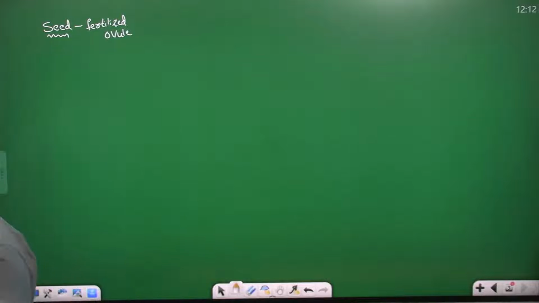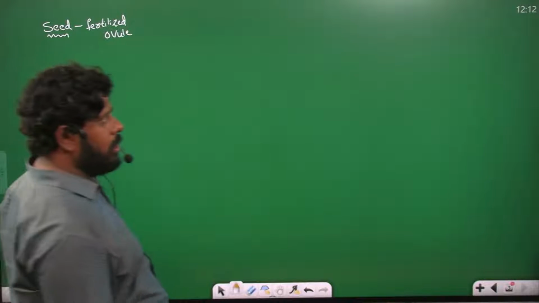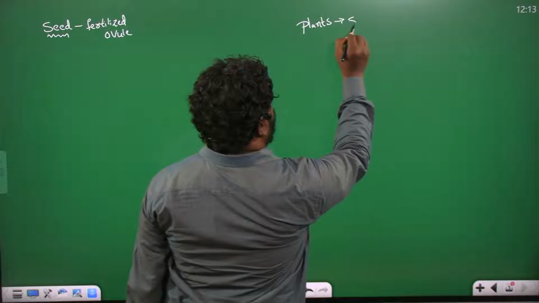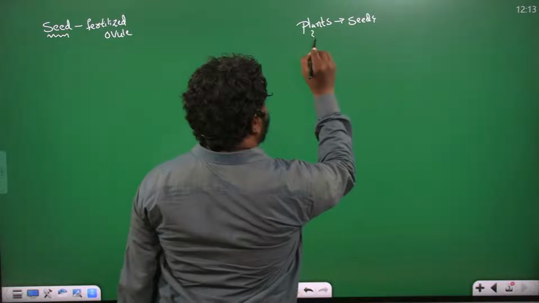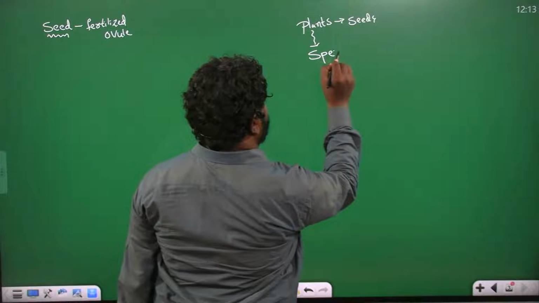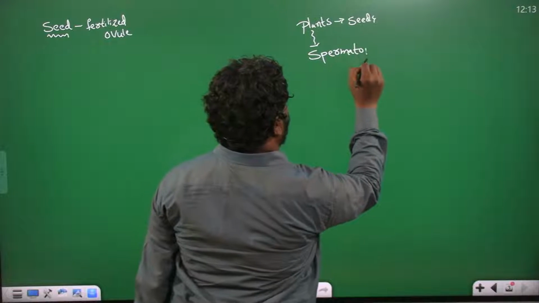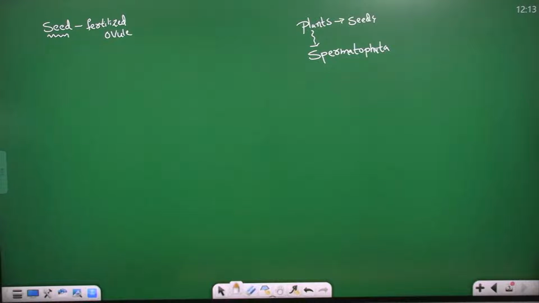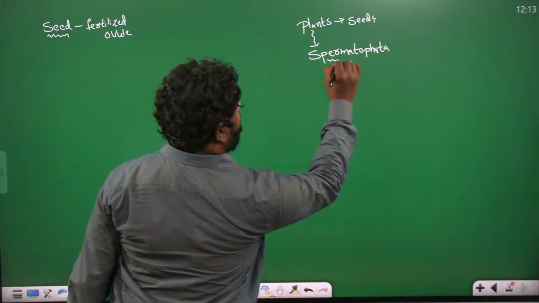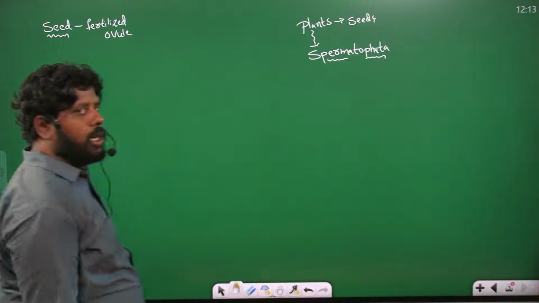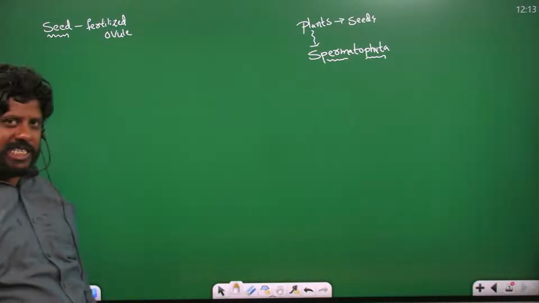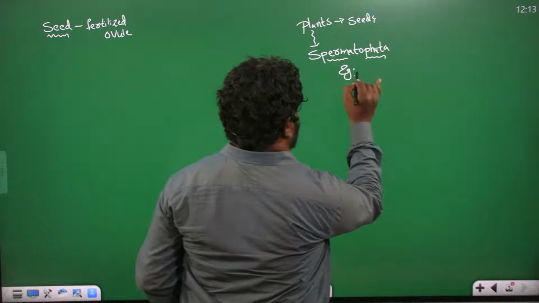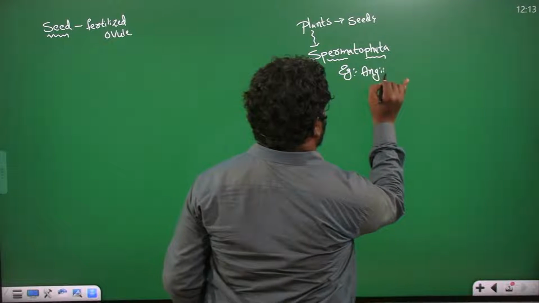The plants which are capable of producing seeds are placed in spermatophyta. Sperma means seed, phyta means plant. Examples of spermatophyta are angiosperms and gymnosperms.